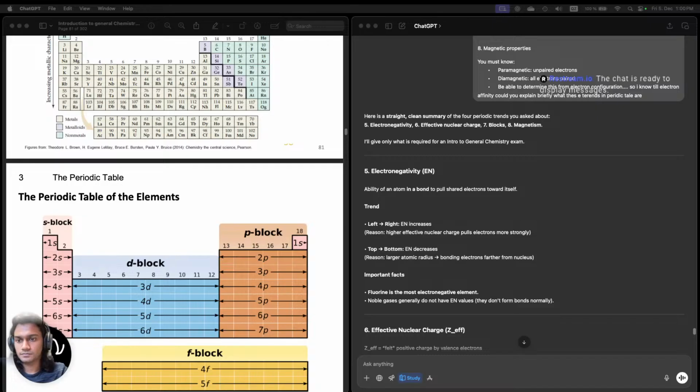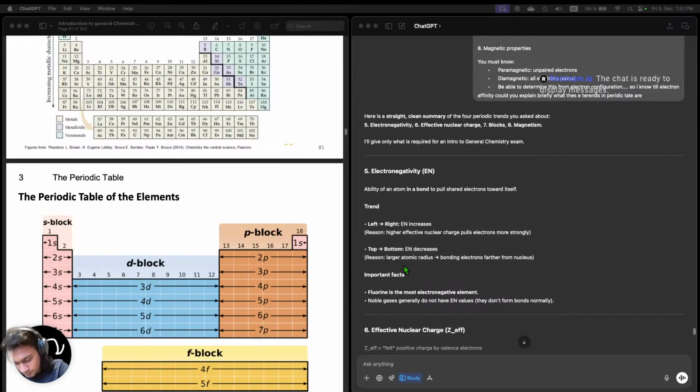Okay. Electronegativity is the ability of an atom in a bond to pull shared electrons towards it. Trend: left to right, smaller atoms, electronegativity increases.